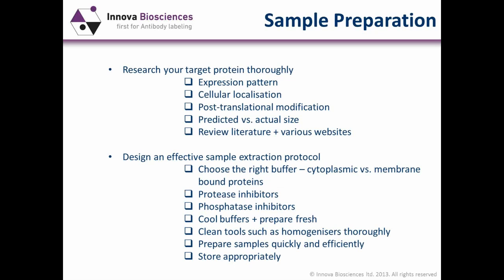It's better to take smaller samples, let's say 20 microliters per aliquot, and freeze them. You snap freeze them using liquid nitrogen and store them at -80. Then take each aliquot when you need it to run on a gel, or when you want to do some further analysis, for example, a co-IP experiment.